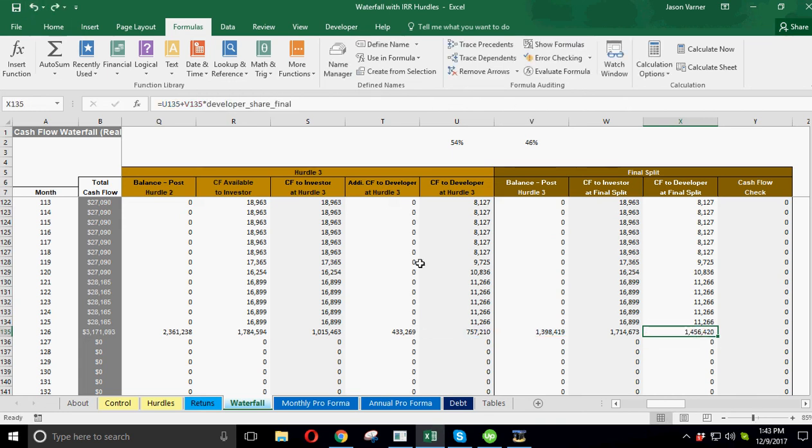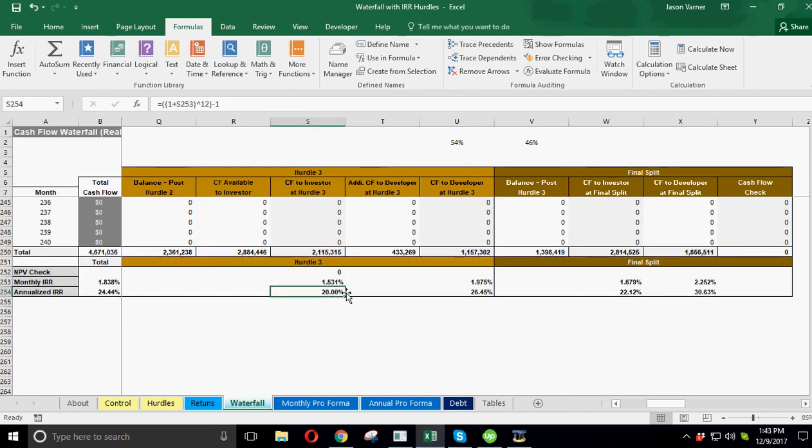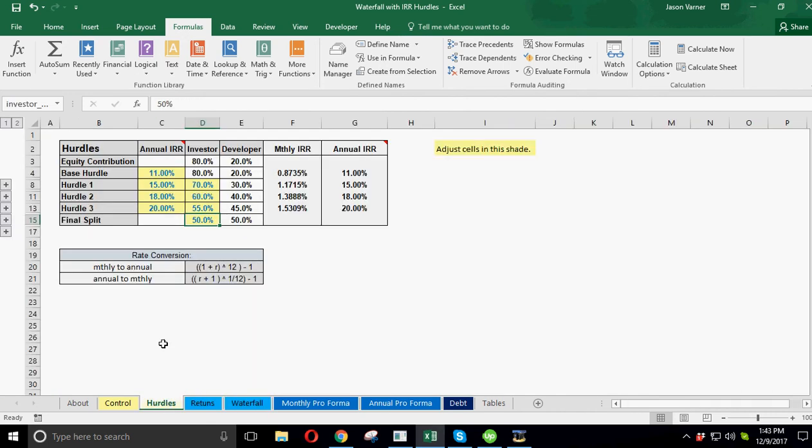Yes, because it's taking the cash flow to developer at hurdle 3 too. So the reason why it's not an exact 50-50 split yet is because we haven't reached past, and if you look down here, 20%, we haven't reached, well no, we have reached 20%, so some of that is going to be 50-50, but not all of it.